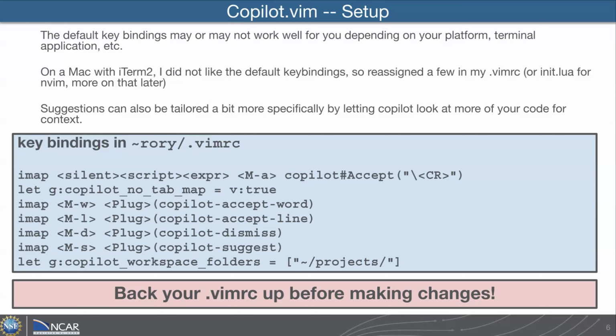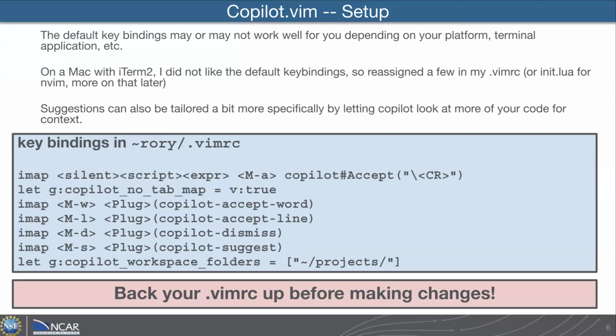And then another modification I made, similar to the workspaces Brett was talking about in VS Code, you can give it access to a workspace to sort of refine the context it's looking at. By default, for me, when I start Vim, I have it look in my home directory. I have a directory called projects where most of my code tends to live. So by default, it looks at just sort of what I would call all of my code. You can also reset that in a particular buffer.